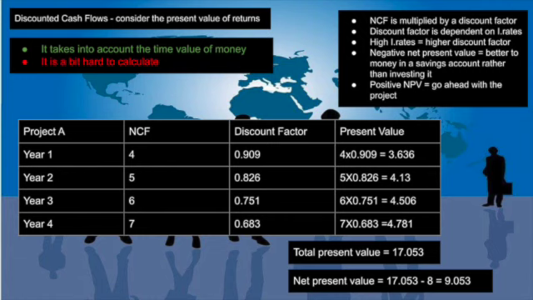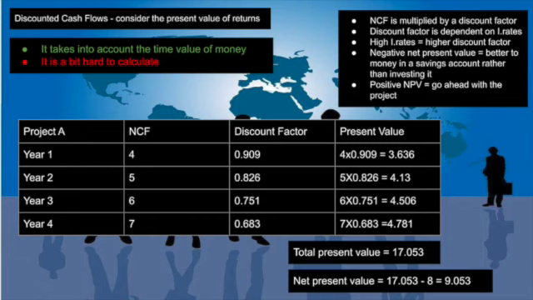So, as you can see, year one, the net cash flow, I put 4 just to make it simple. You can think of thousands, millions, doesn't matter, just simple. 4, and discount factor 0.909. In the real exam, you'll be given the discount factor, so don't worry about trying to figure it out, etc. So first, you find the present value. So 4 times 0.909, and you do that for all of them to find your present value.